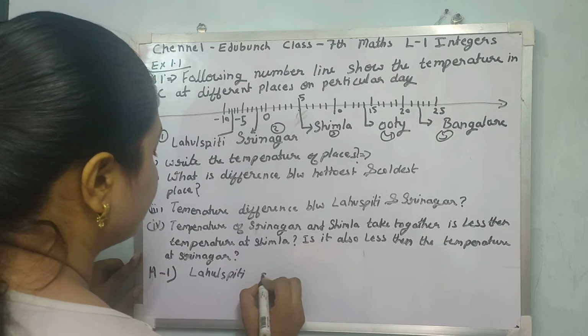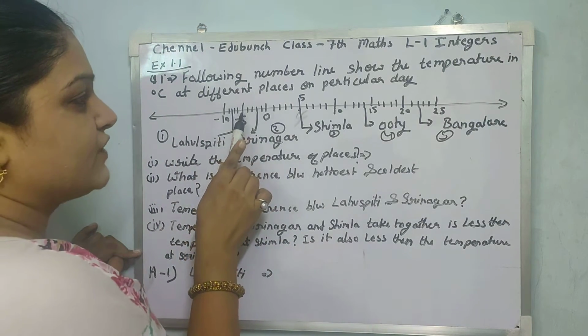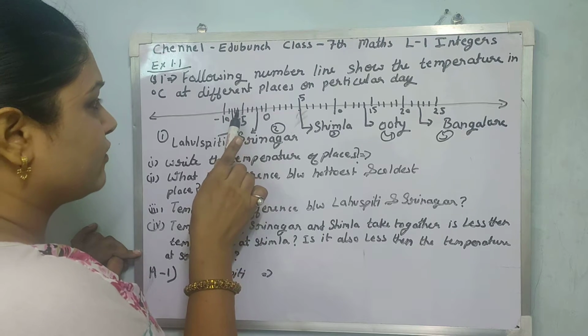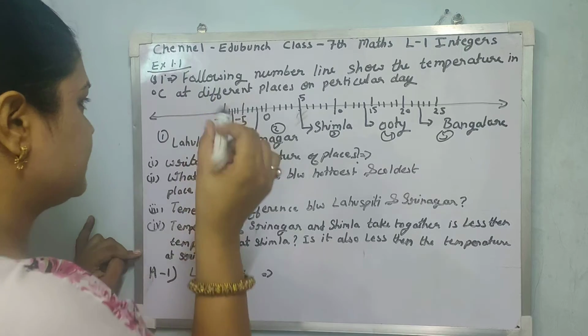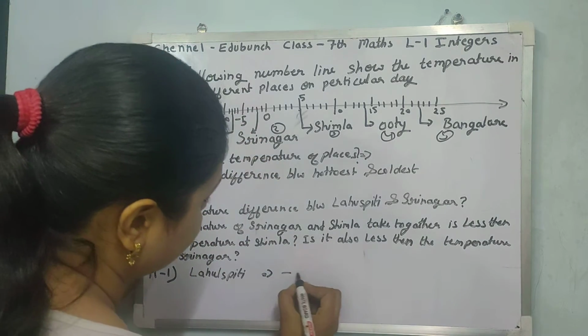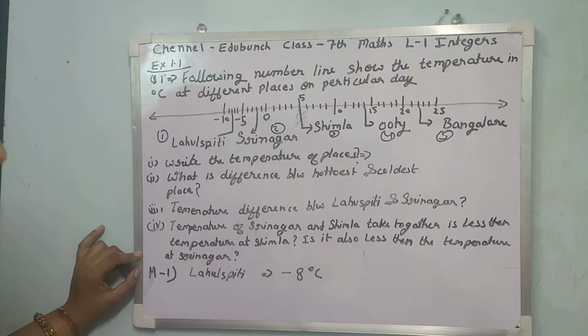Look here, -5 is denoted here. So we will count -6, -7, -8. So here the temperature is -8 degrees Celsius.